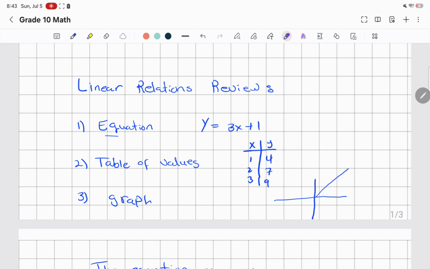Now, there's not a particular order on how to go from one form to another. You can go vice versa, from a graph to a table, and from a table to an equation. And you can go from an equation straight to a graph, and vice versa. You just have to maneuver your way through it.